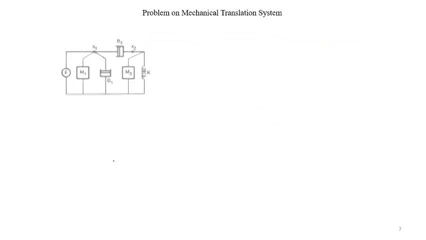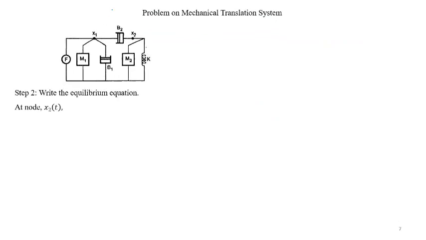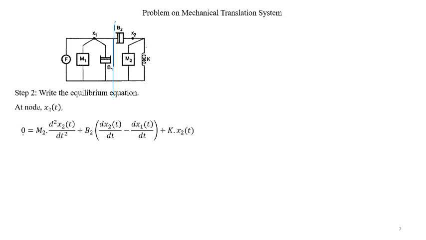Next, for writing the equilibrium equation on the second node, that is on this node, the net energy or net force output will be equal to 0. Hence here it will be 0.